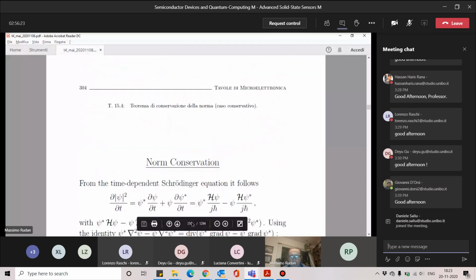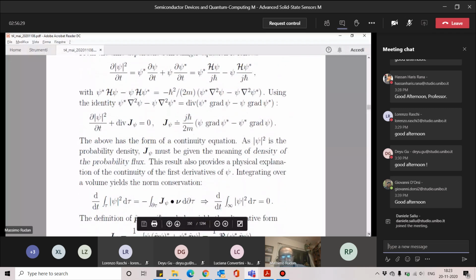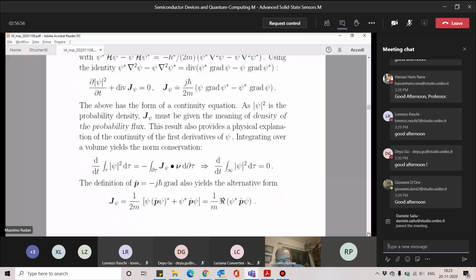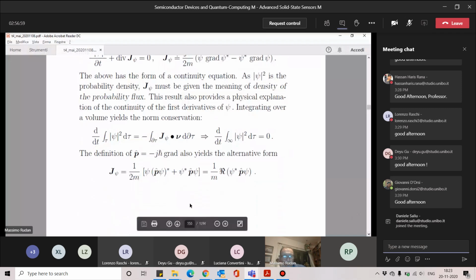So you see that in the expression of J, you have minus j h bar gradient. Here you have psi star times the momentum operator, and here you have the conjugate of the momentum operator. So you can write down J in a more compact form.